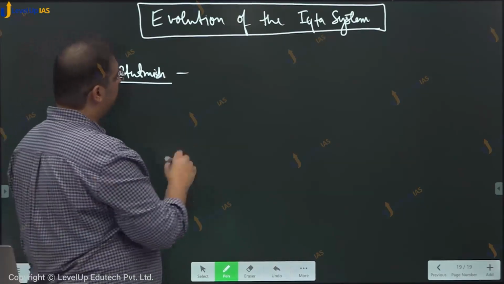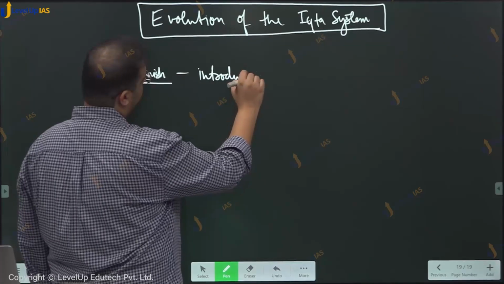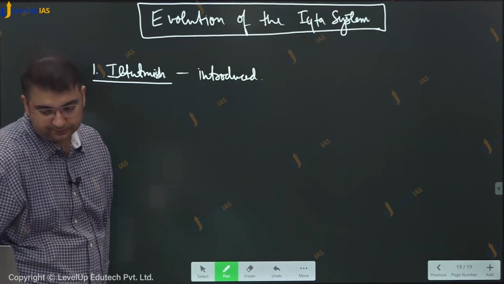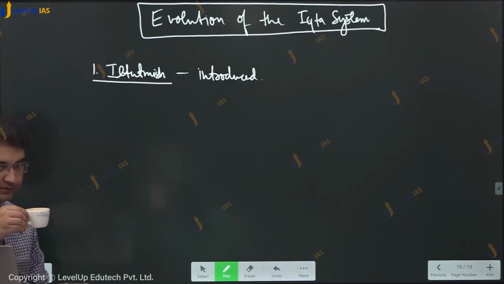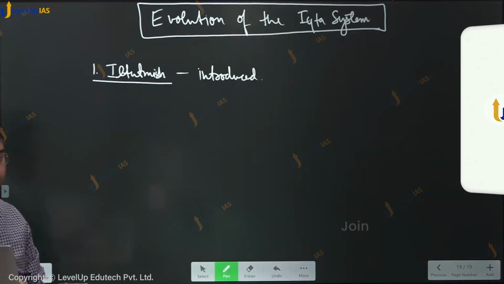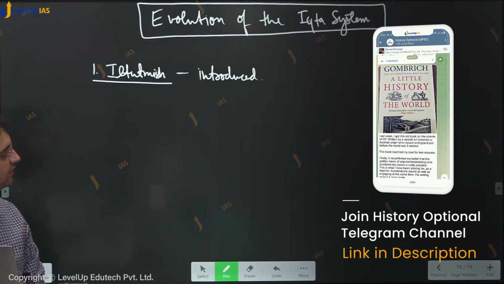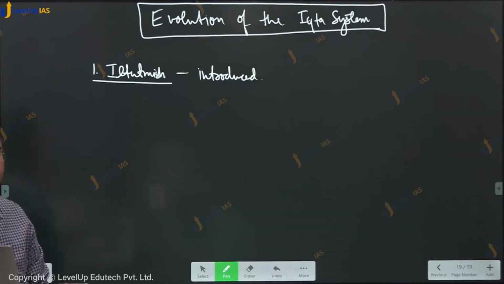Write down. He introduced the Iqta system in a systematic manner by dividing a vast portion of land between Punjab and Bengal into separate parcels and assigning them among the different nobles.